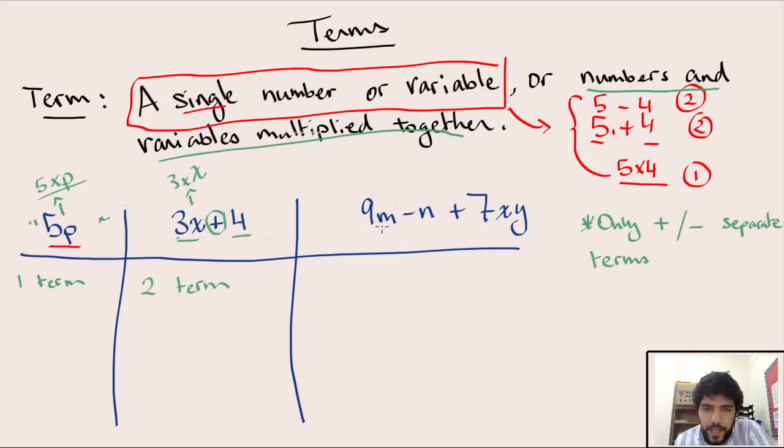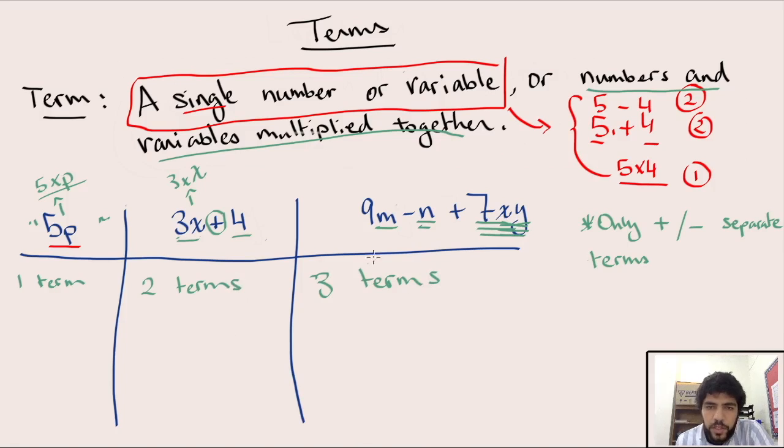Here we have 9m minus n. So notice that these are different. So I'm just going to put one line here. I'm going to put 2 lines here just to show that they're different. And 7xy. So I'm going to put 3 lines here, underneath the whole term, actually.